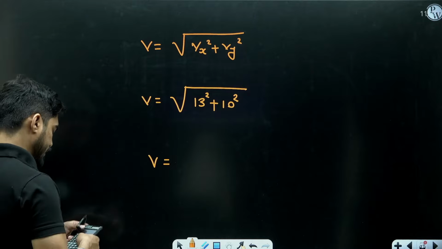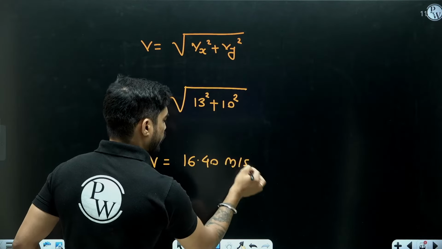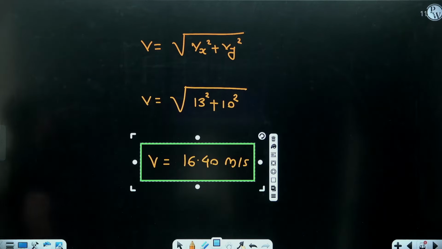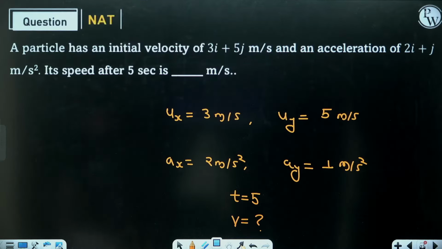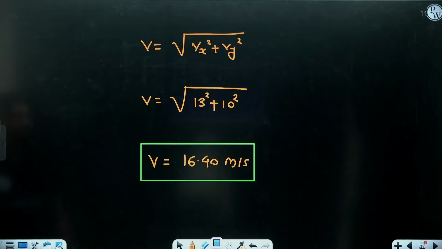So I am getting 16.40 meter per second. So this is the final velocity after 5 seconds, 16.4 meter per second. Let's move on to the next question.